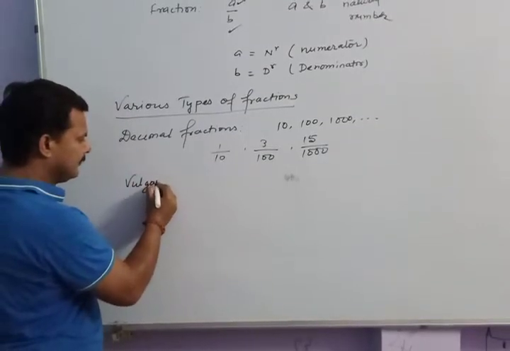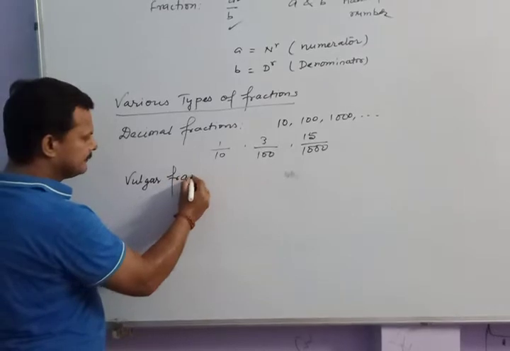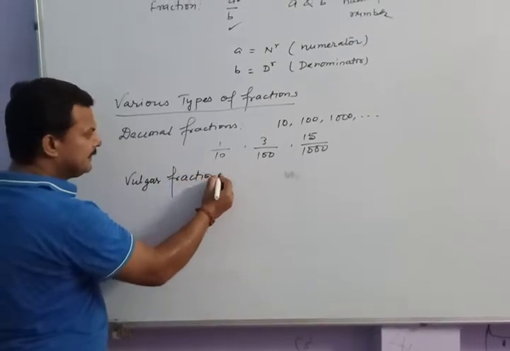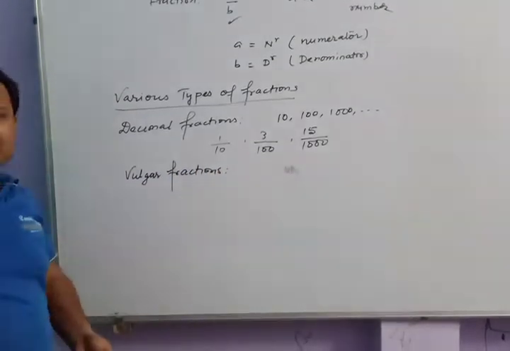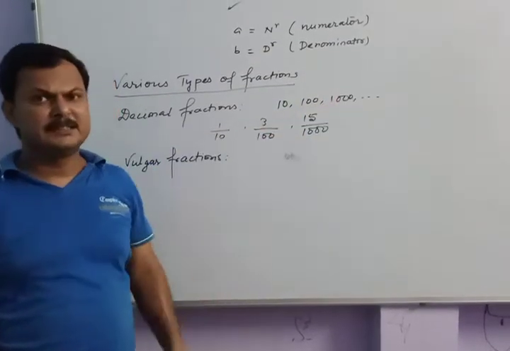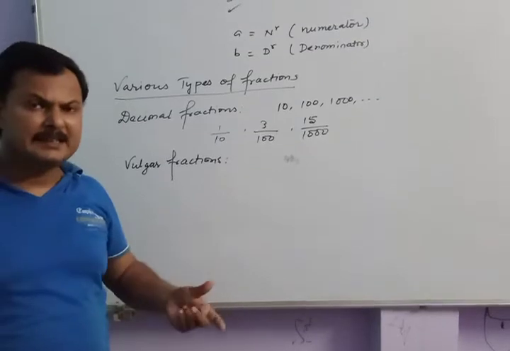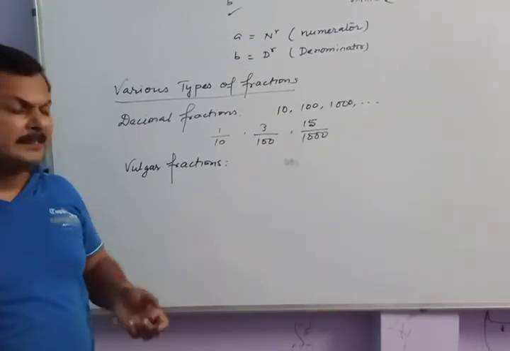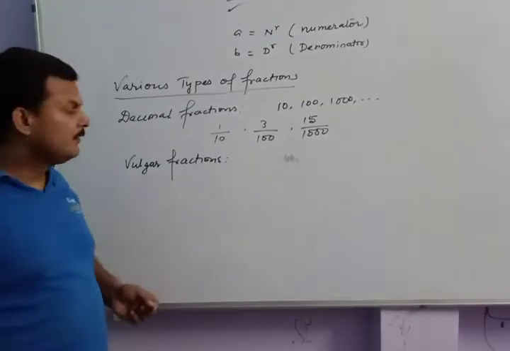Vulgar fraction. The fraction whose denominator is not 10, 100, 1000 like this. Other than 10, 100, 1000, this type of fraction is known as vulgar fraction.